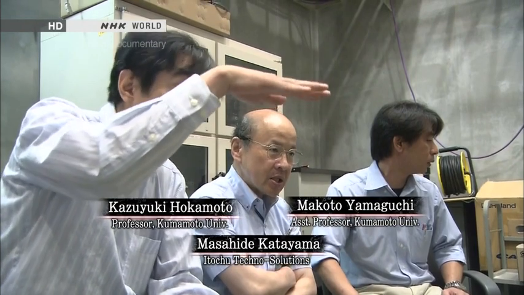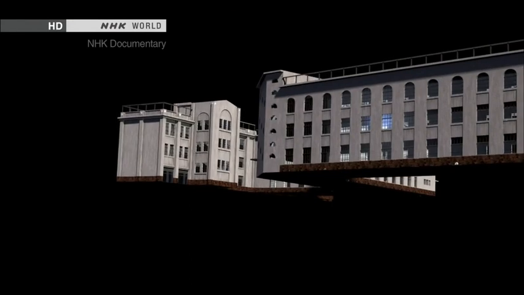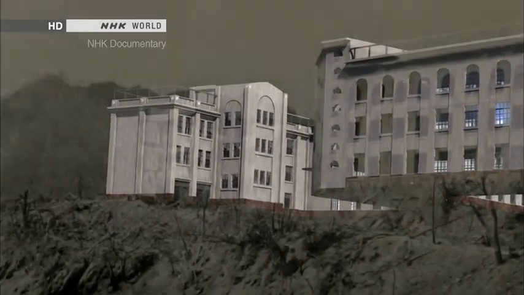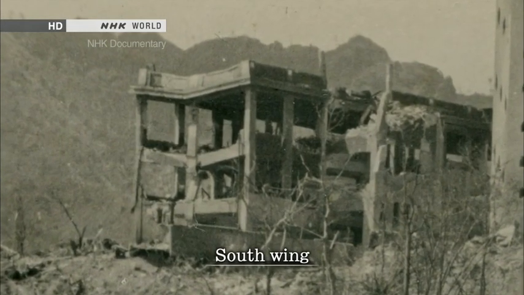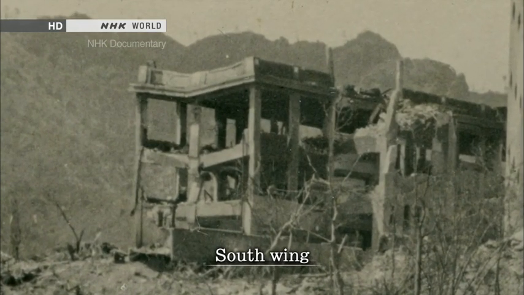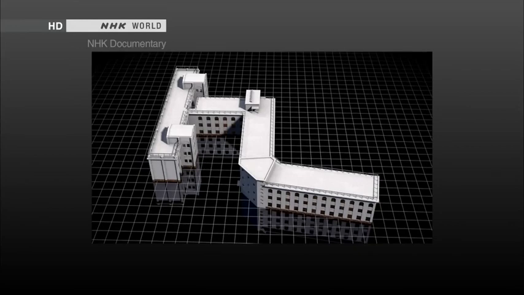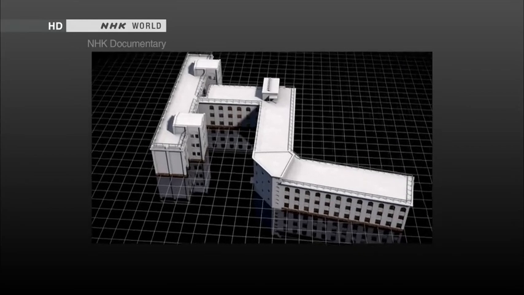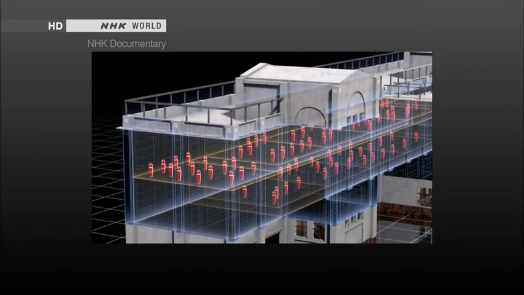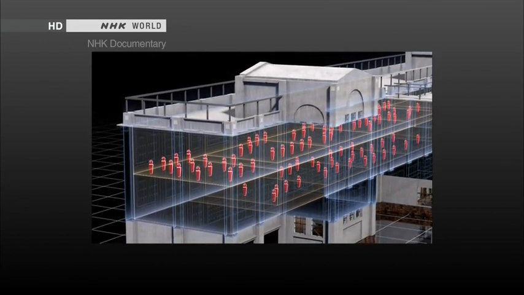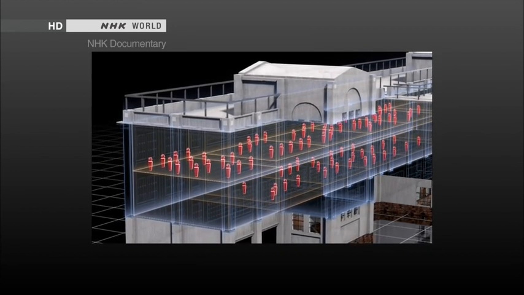Experts familiar with blast damage oversaw the simulation. We focused on the section of Shiroyama School that suffered the worst damage, the south wing. When the bomb was dropped over Nagasaki, about 100 people were working on the second and third floors of the South Wing, where Mitsubishi Arms Factory had an office.